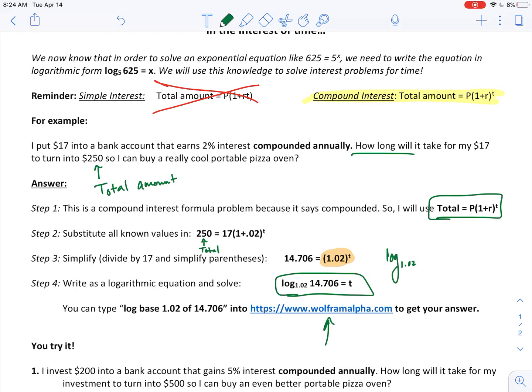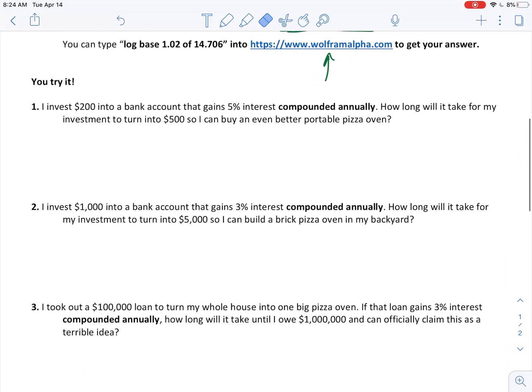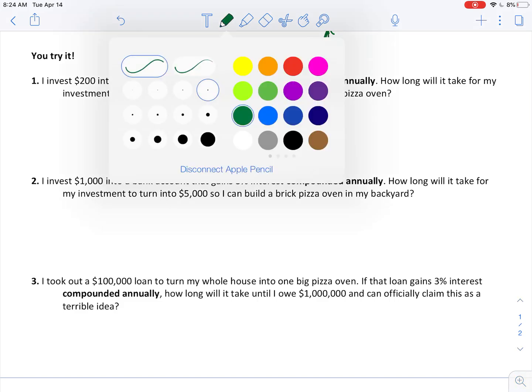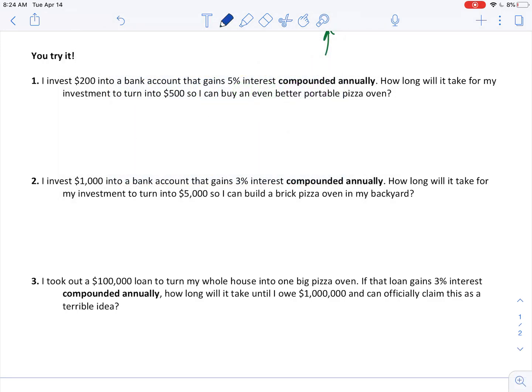And then we're going to write this as a log. What's the base of my exponent here? Well, the base of my exponent is 1.02. So the base of my log should be 1.02. So log base 1.02 of 14.706 equals T. And we can just type that right into Wolfram Alpha, and it'll give us a nice number.